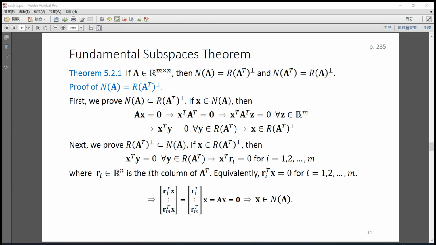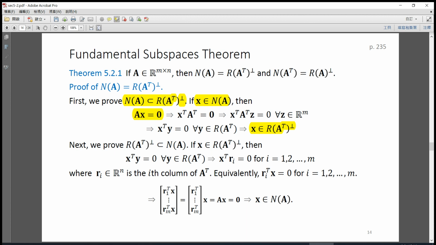First, we prove the null space of A is a subset of the orthogonal complement of R(A transpose). To do this, we need to show if x belongs to the null space of A, then x also belongs to the orthogonal complement of R(A transpose). If x belongs to the null space of A, then we have Ax equals the zero vector.